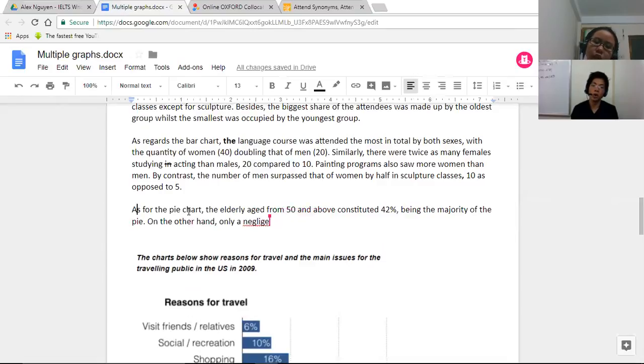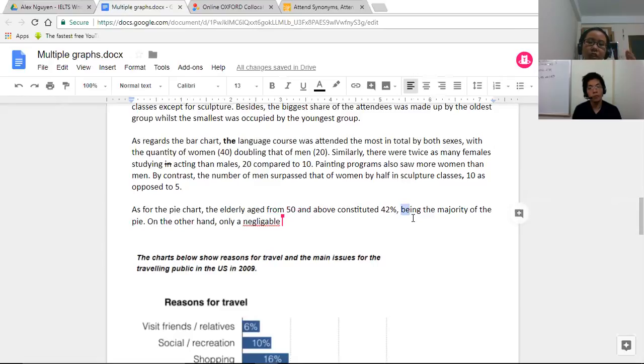I think we should look at your first sentence. As for the pie chart, the elderly aged from 50 and above constituted 42%, being the majority of the pie. Suddenly there's a disconnection between here and here.